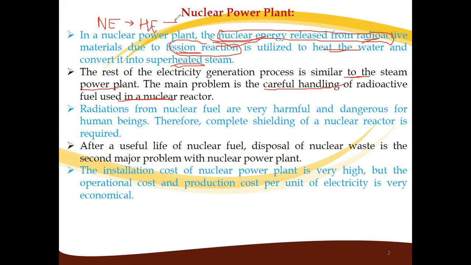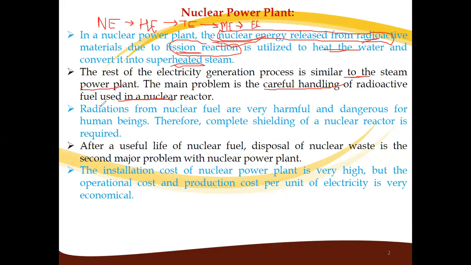Here we convert nuclear energy into heat energy, then into thermal energy. We pass this high pressure, high temperature superheated steam to the steam turbine, converting thermal energy into mechanical energy, and by using a generator, we convert mechanical energy into electrical energy. This is the energy conversion that takes place in a nuclear power plant.